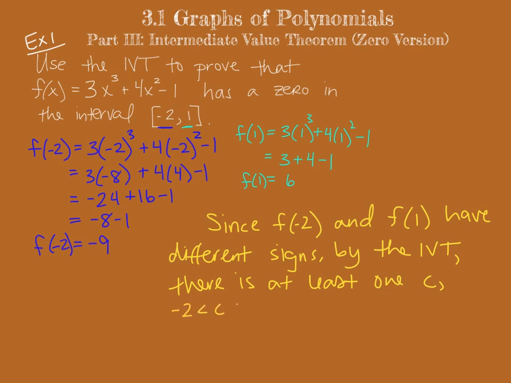So c is in this interval where f of c is 0. That means we have a 0 there. So it says the same thing, just in a more mathematical way.